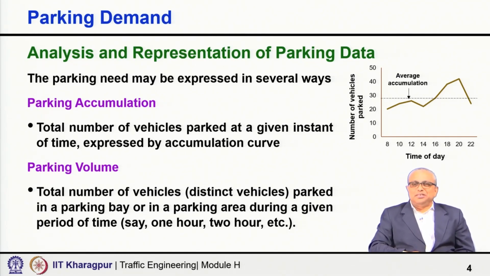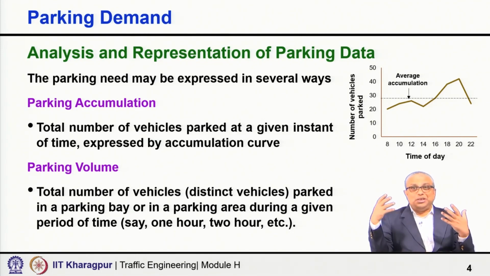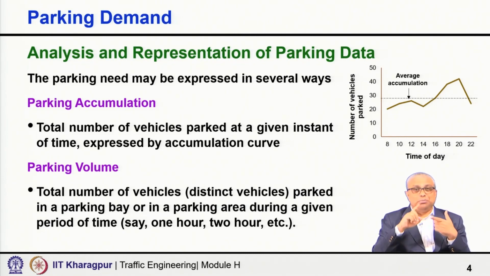To estimate the demand, we do a parking occupancy survey and a parking beat survey, and we can continuously record the entry and exit at off-street car parks or parking facilities. With all this data, what sorts of analysis and meaningful interpretation can we make?